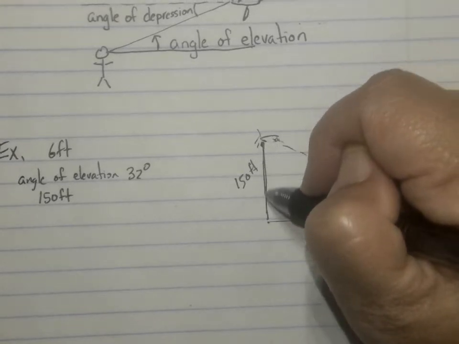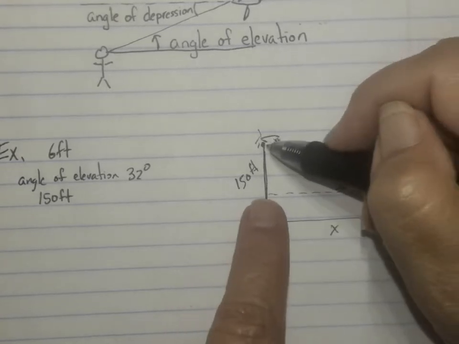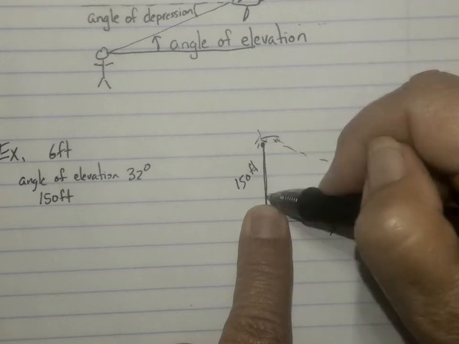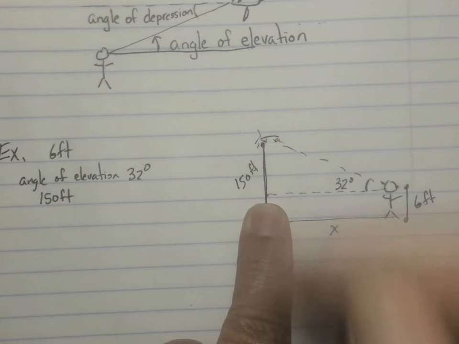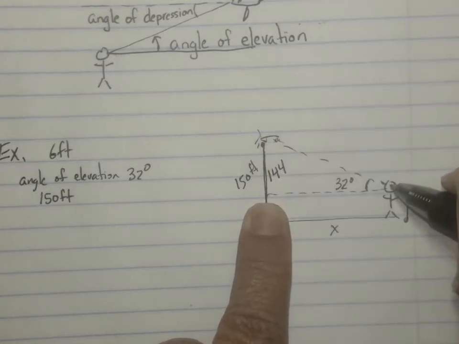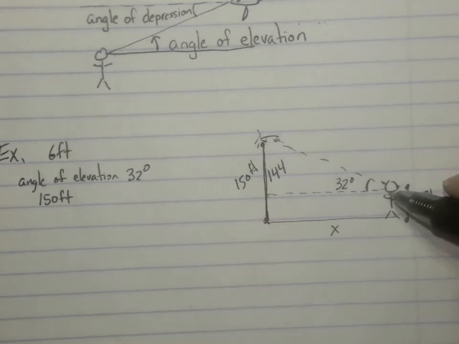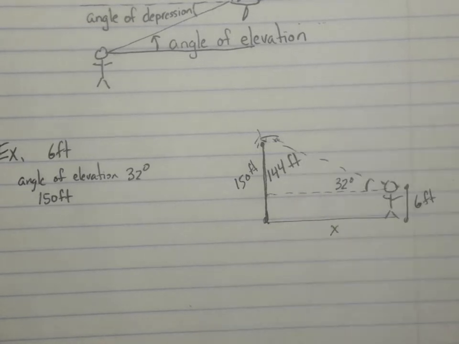So if the plane to the ground is 150 feet, and the person is 6 feet tall, what is this distance here? 144. Now, obviously, his eyes are not right on top of his head, but we won't worry about that little bit of 2 inches probably. So that's 144 feet.